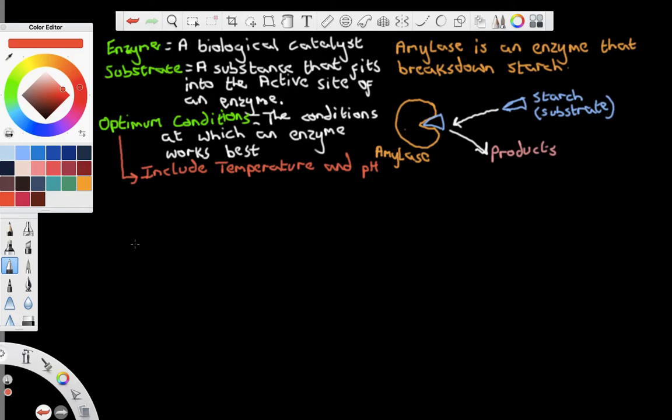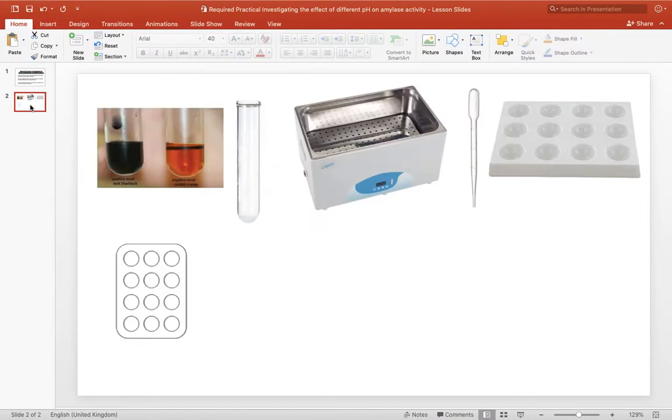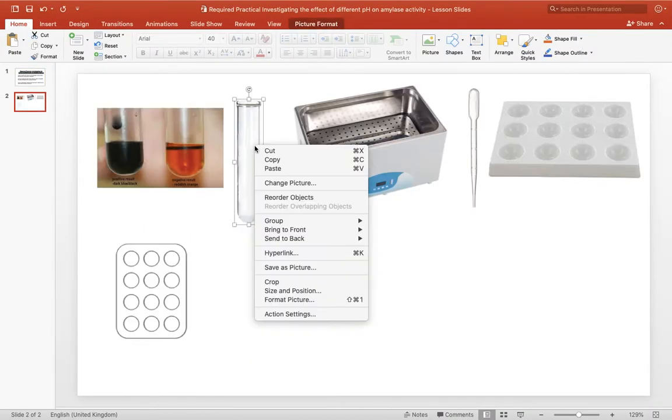Now, another substance that you've heard about in previous lessons is starch. And starch has a particular test for it, which you need to be reminded of to understand this practical. So can we put the subheading, please? Test for starch. Now, we looked at the test for starch when we did the food tests practical in practical 4. Now, I've got some diagrams ready here.